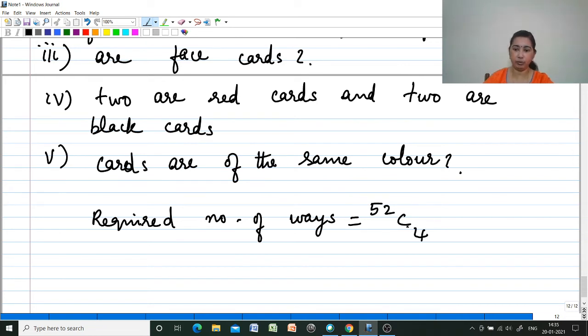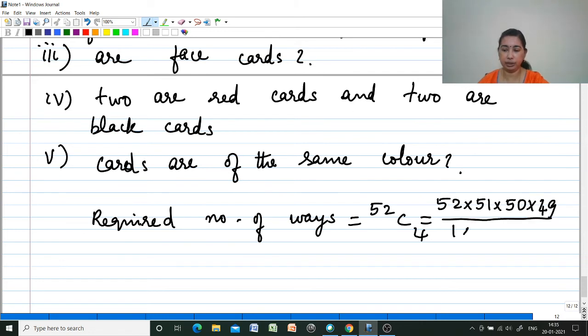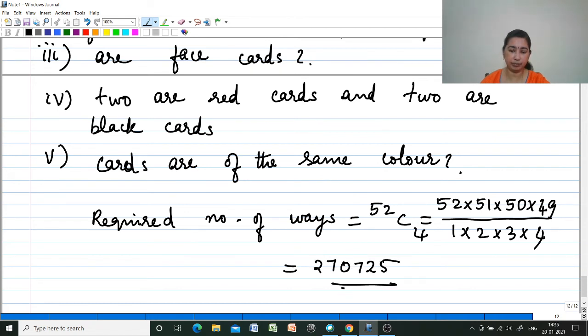That is equal to 52 into 51 into 50 into 49 divided by 1 into 2 into 3 into 4. Simplifying this, 2,70,725. That many different selections are possible.